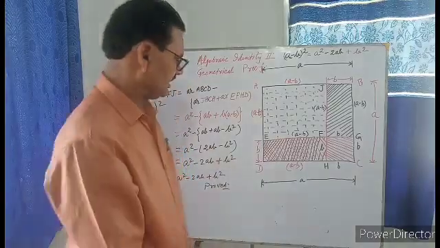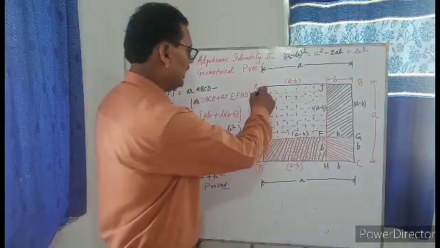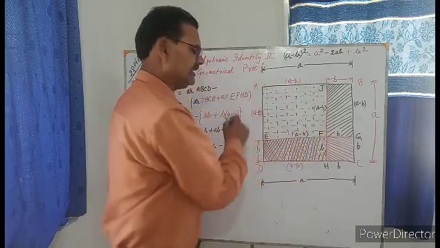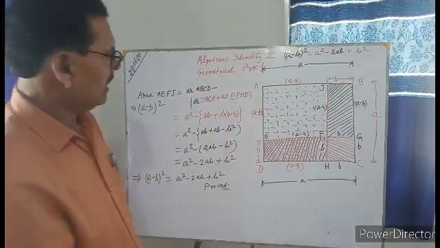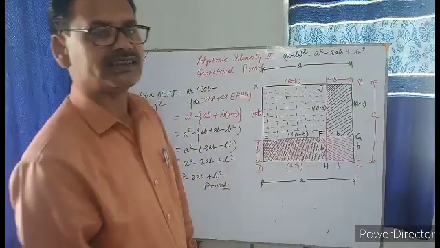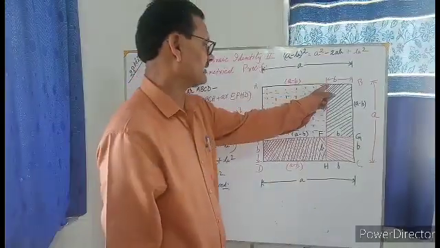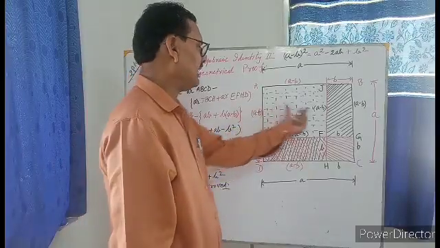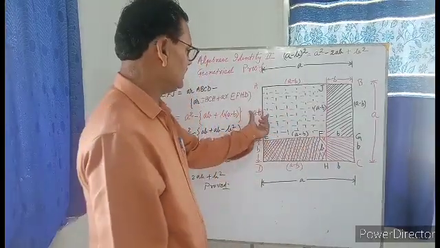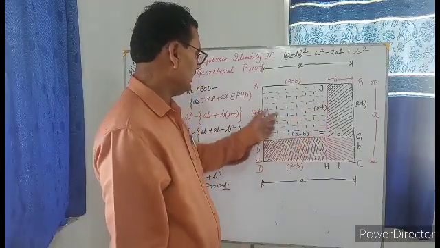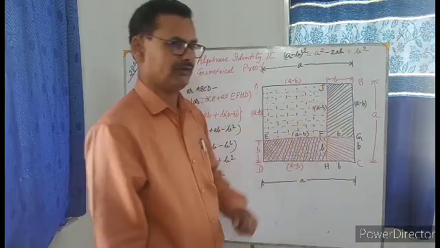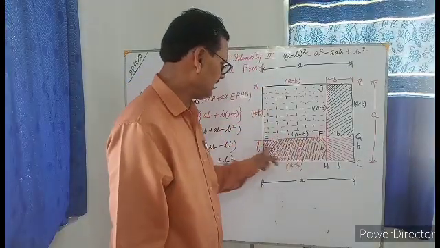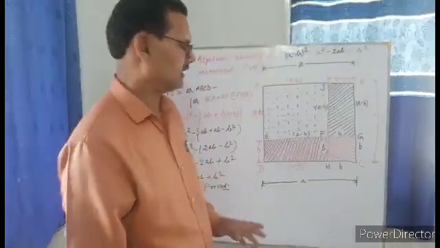Now let us see what happens here. AJFE is a square with side length a − b unit. Here a − b, here also a − b. Since these sides are parallel, this is also a − b unit, and this EF is also a − b unit.